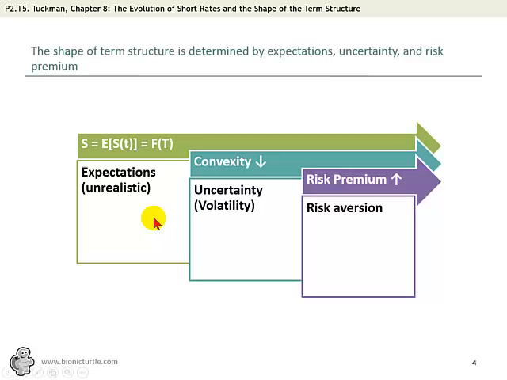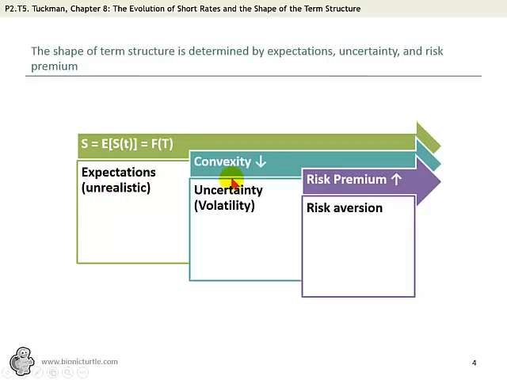Chapter 8 is a difficult reading, I think, on first pass. So just to give an overview of what it's trying to achieve, the reading is really in 3 large steps. It's about the term structure, and it starts with the unrealistic model where the term structure is informed only by expectations.